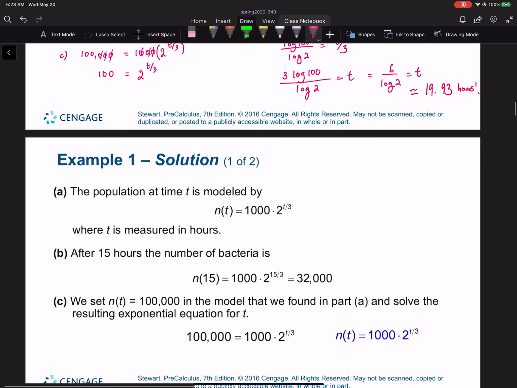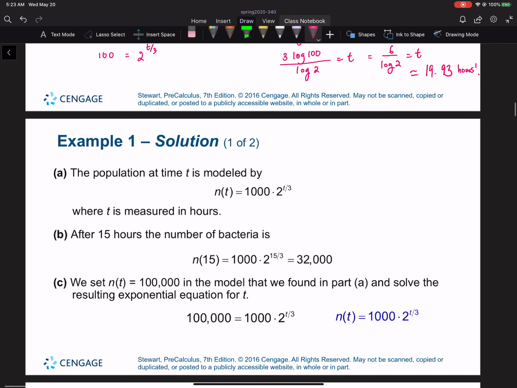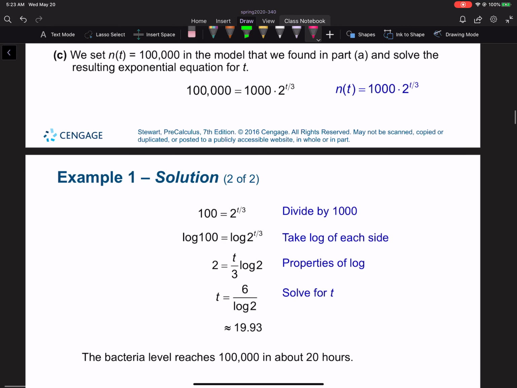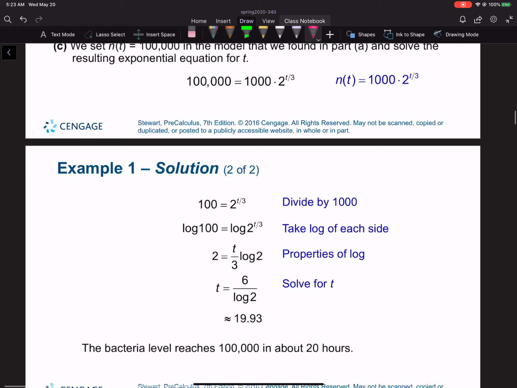So they did about the same thing as I did over here. So that checks off. You end up with that definition where you have 1,000 times 2 to the t over 3. If you plug that in, you end up with that. And for C, when you try to solve for t, you end up getting approximately the same thing, 19.93 hours.